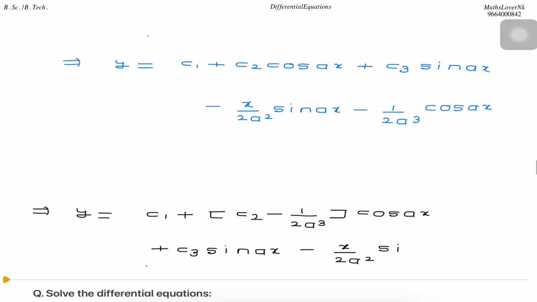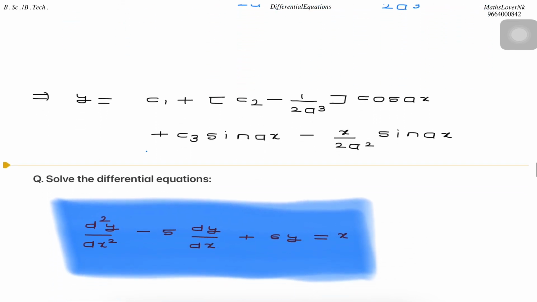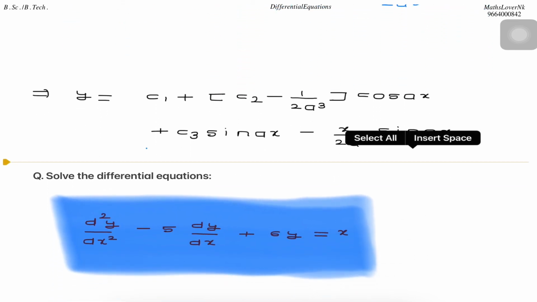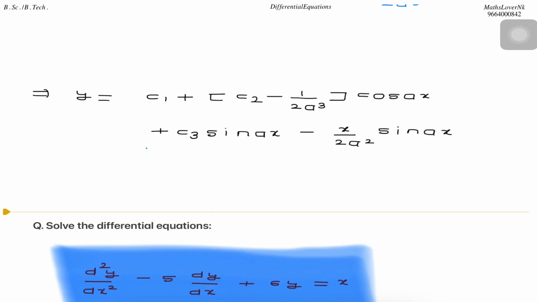We don't take sin ax as common because it also has one algebraic term, that is, 1 minus x upon 2a². So don't take it out as common.